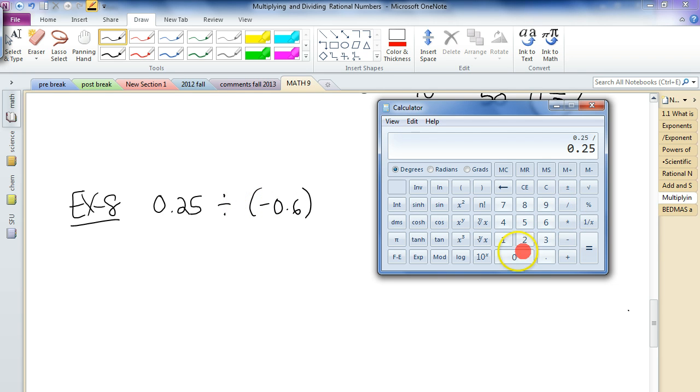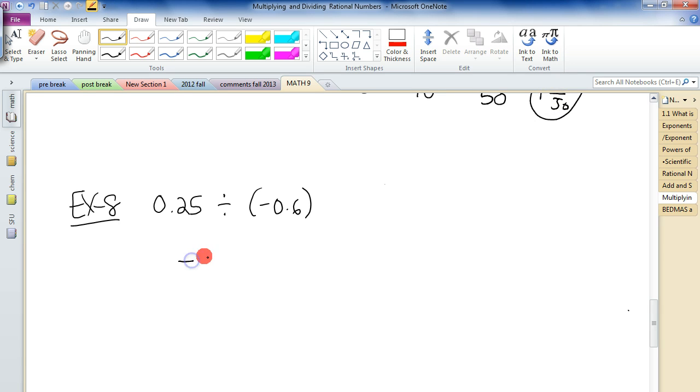Remember, my calculator, I had to put the 0.6 first, then the negative sign, and I get an answer that is going to be negative, and it's negative 0.416, and just the 6 is repeating. So there you go.